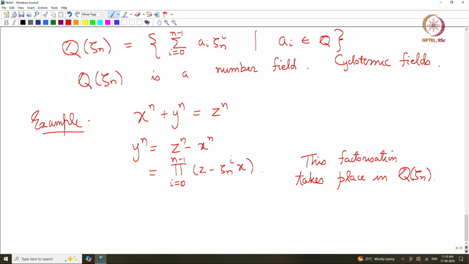So, we may hope that these things are themselves nth powers and then work from that and get a contradiction. So, this was the attempt in the 19th century made by several people to prove Fermat's last theorem this way. It does not quite work because firstly we should define the notion of what an integer means in this number field. That can be done.